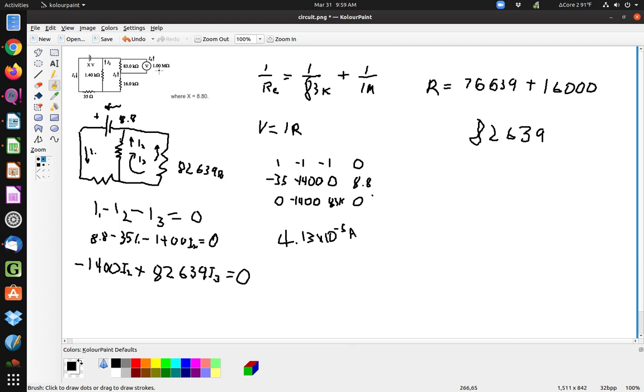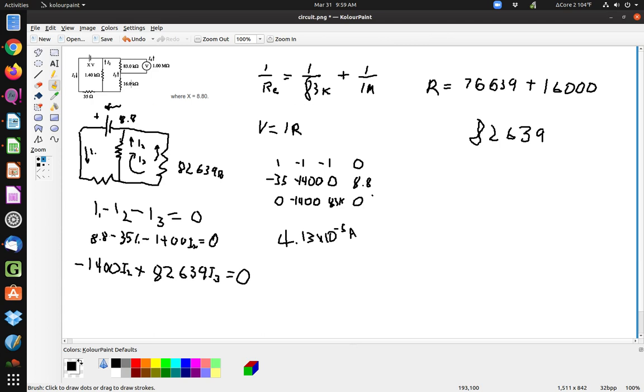And current is going to be the same through this resistor and through these parallel resistors. Okay, so we're not too concerned about this one since it's in parallel. However, it will affect our voltage drop.